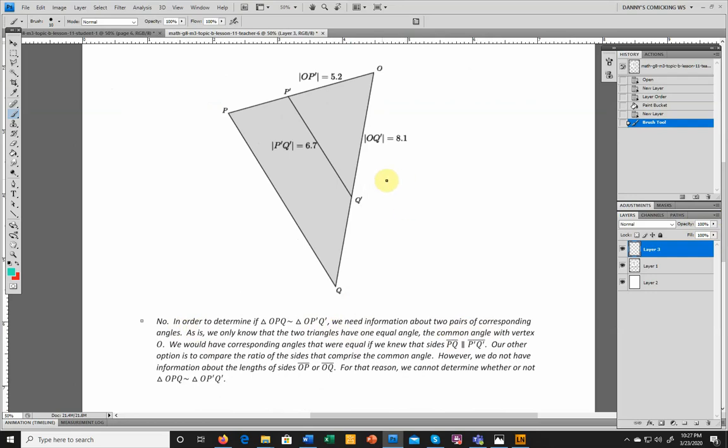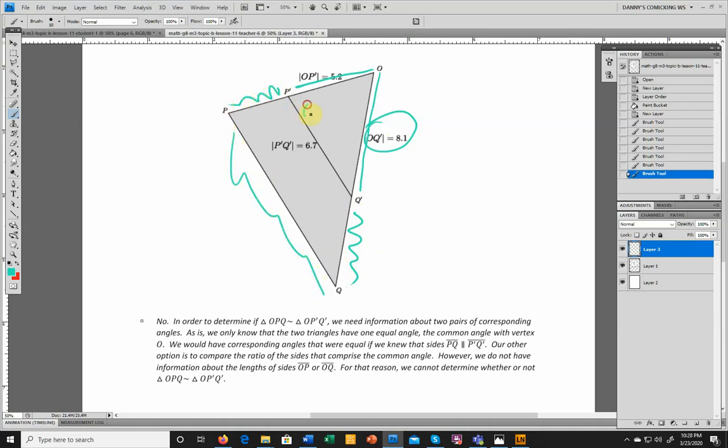So what we have here is only two corresponding angles. OP prime, which is here, is 5.2. OQ prime, which is here, is 8.1.